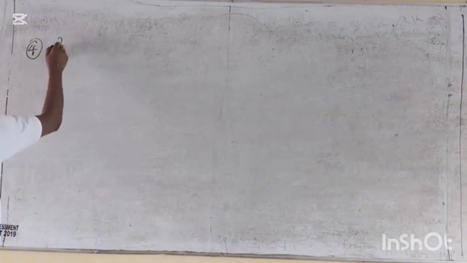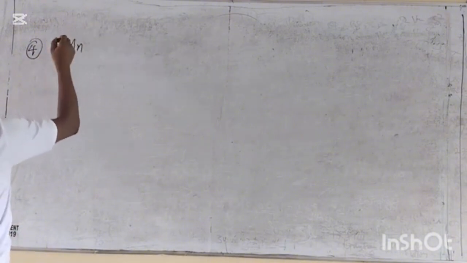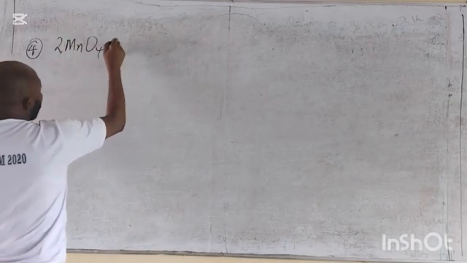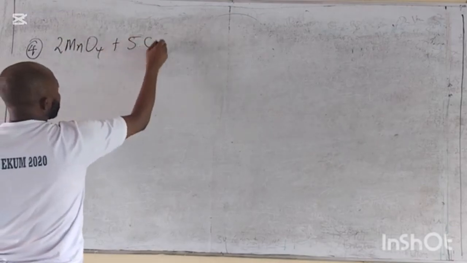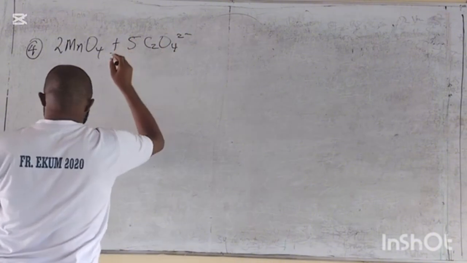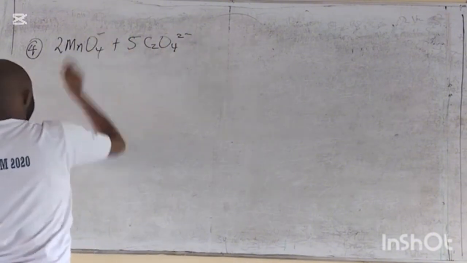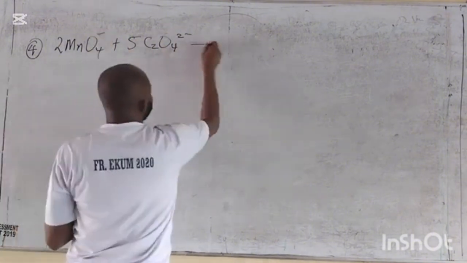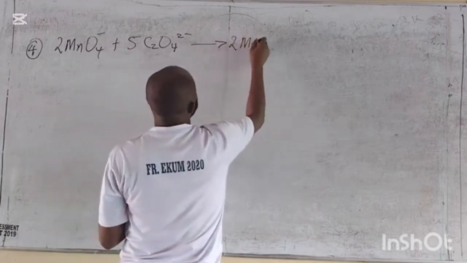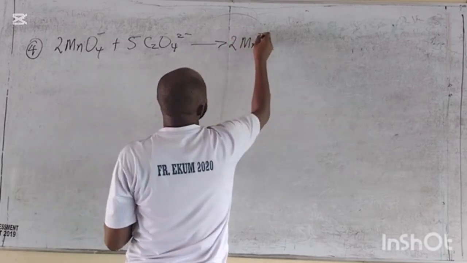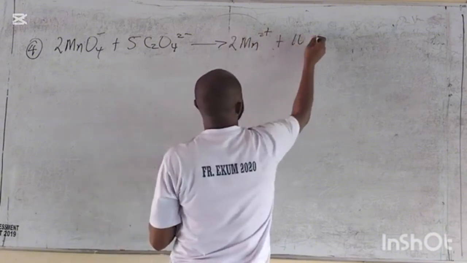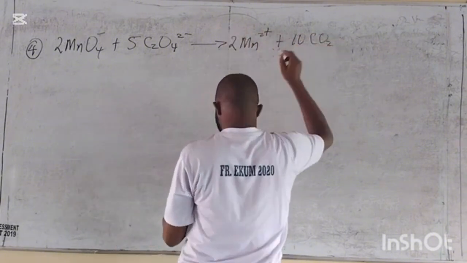We have 2 MnO4 minus plus 5 C2O4 2 minus. This is a minus here, pardon me. Give us 2 Mn 2 plus, 10 CO2.